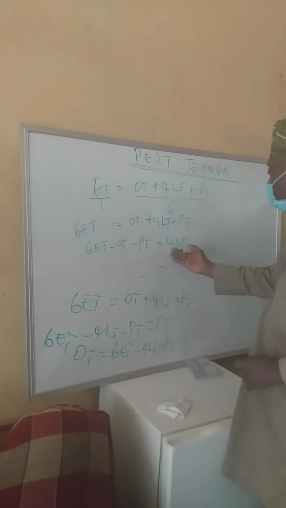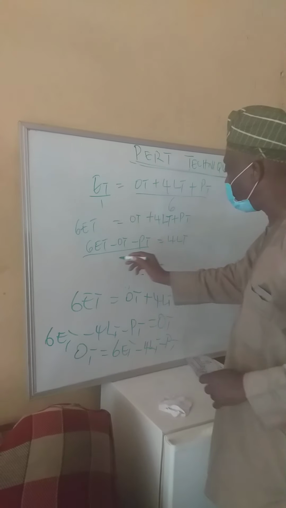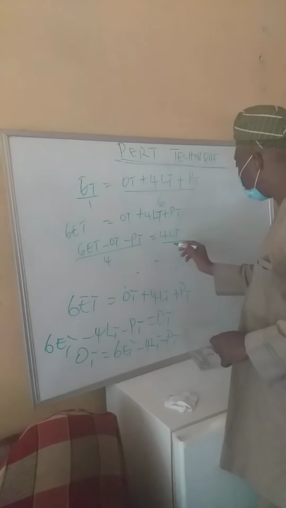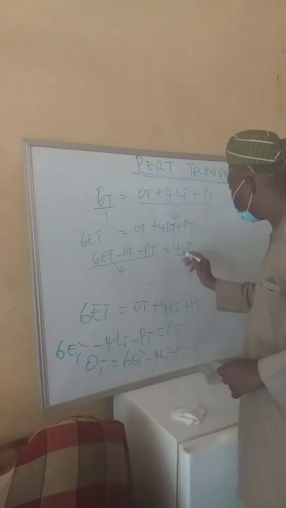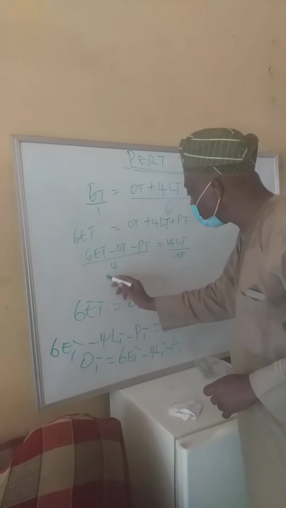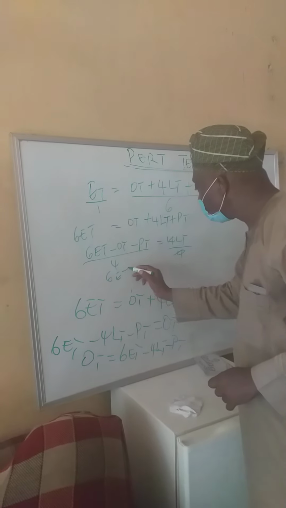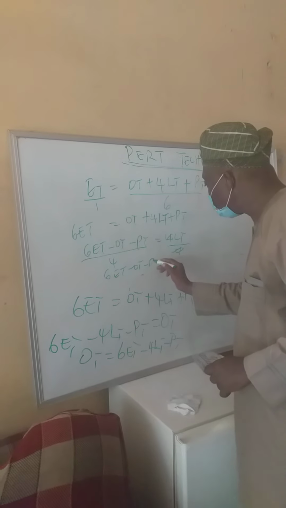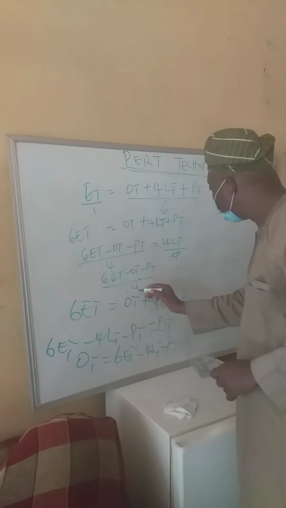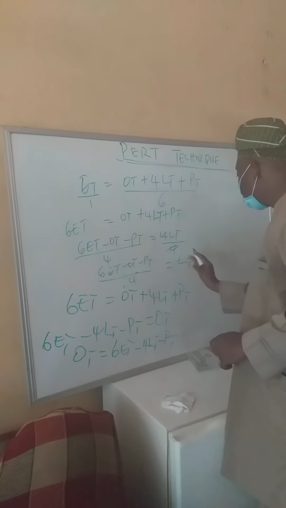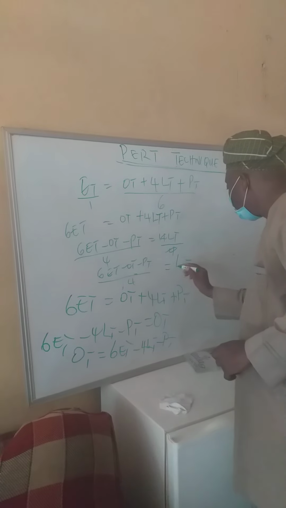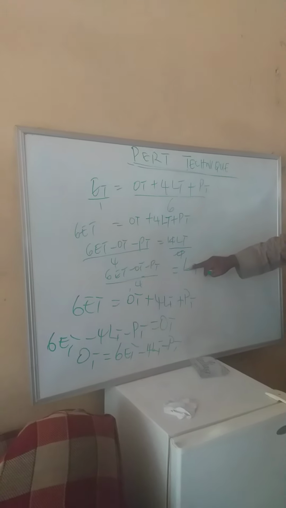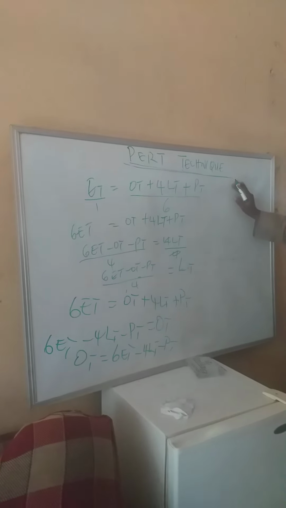When you divide both sides by 4 to eliminate the 4 here, then you have 6 ET minus OT minus PT all over 4 gives LT. So you have made LT the subject of the formula.